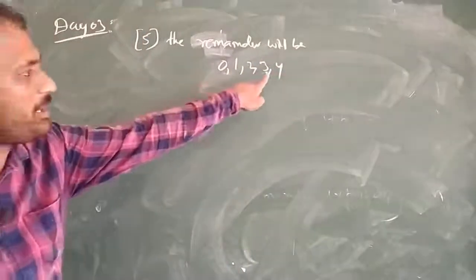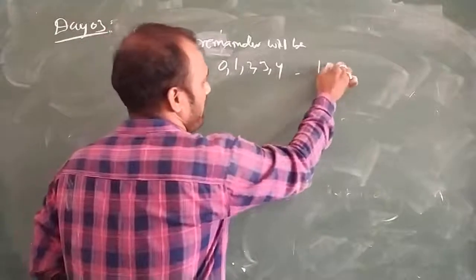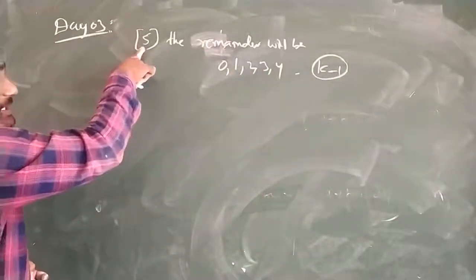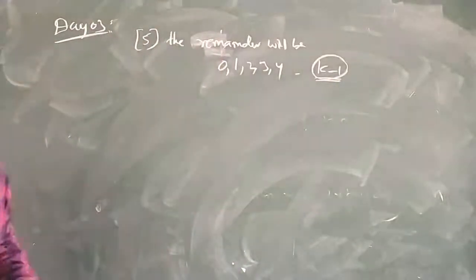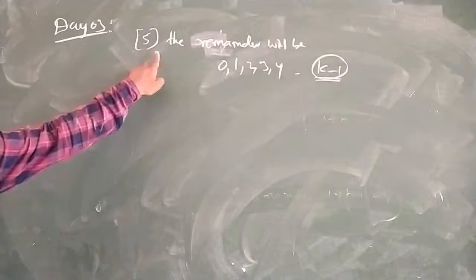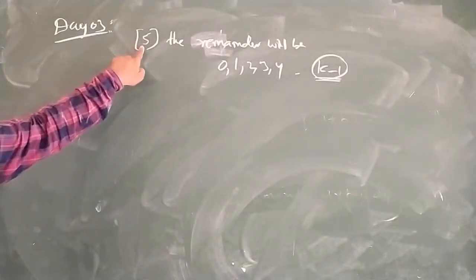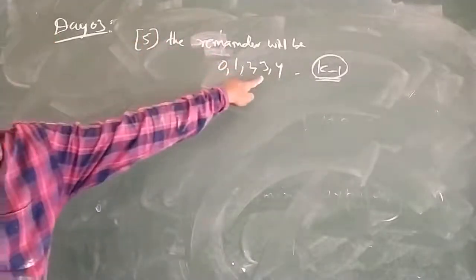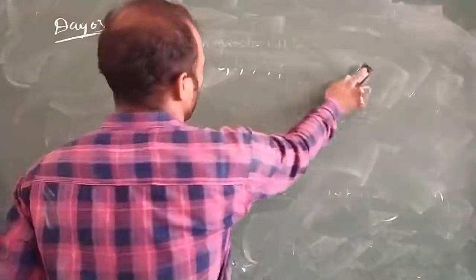Whatever number I am giving, the remainders go only up to k minus 1. If the value is k, then I have to write only up to k minus 1. So this is also one of the properties. If it is 5, we write up to 4. If it is 7, we write up to 6. Now let us see with one example.